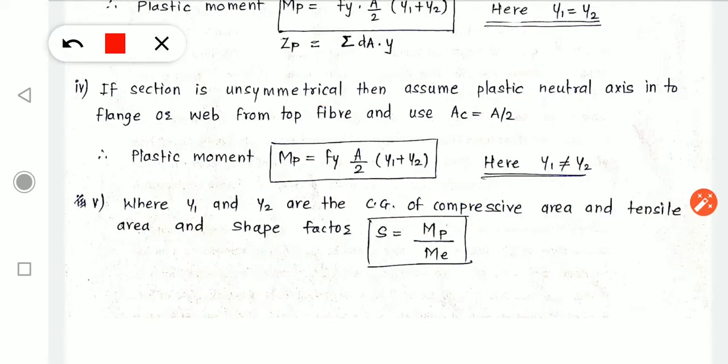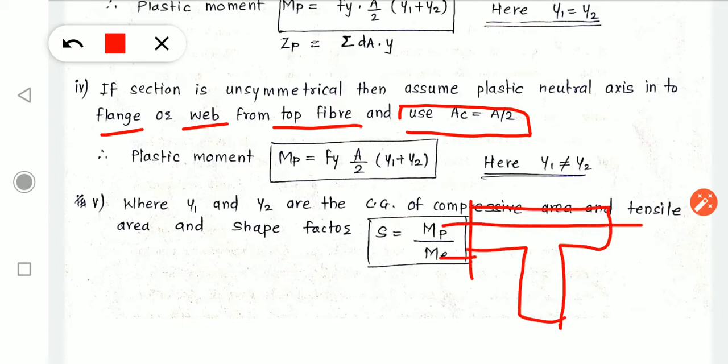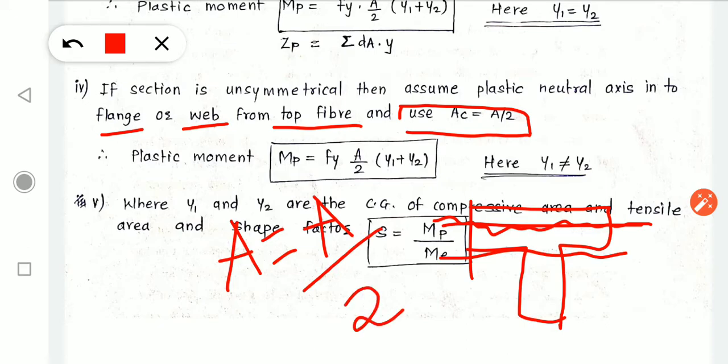Consider it in a flange or web from the top fiber, and use the area of compression equal to half of the total area. Though the neutral axis is lying anywhere in the web or flange, we are assuming that the assumed neutral axis is exactly cutting our section into half.